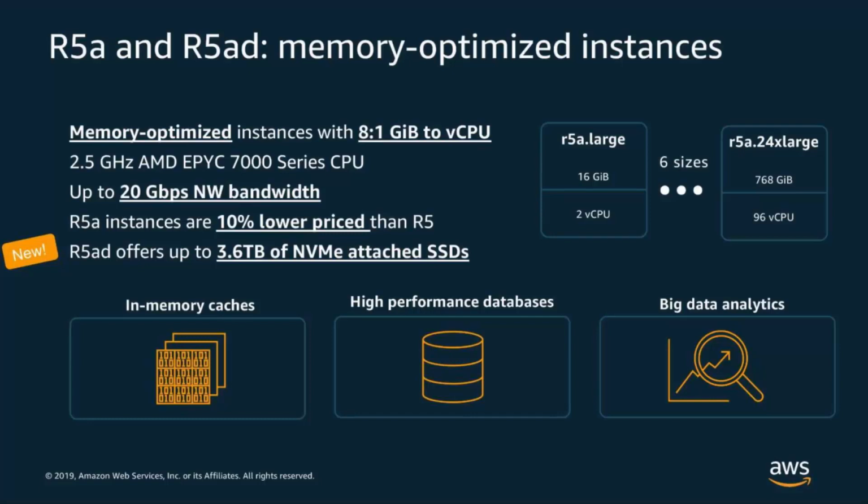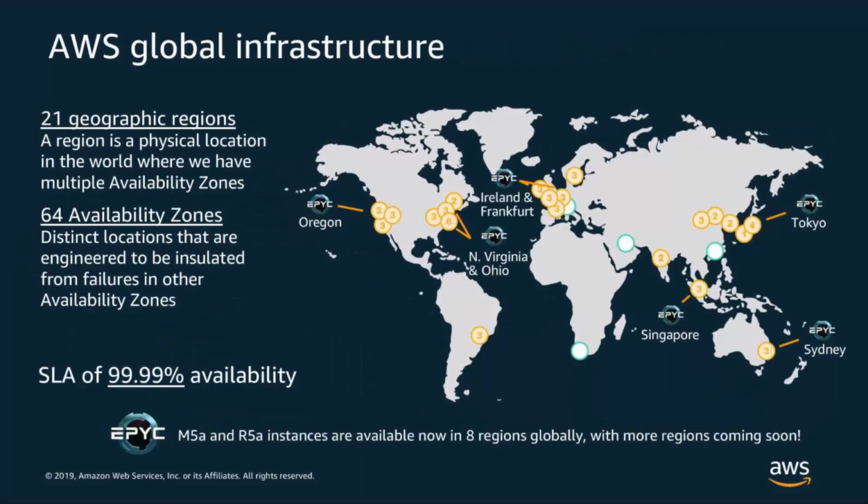And then our big data analytics with a similar benefit, leveraging the memory for very high-speed access to the data and high-speed operations on that data. So across our AWS global infrastructure, we have 21 geographic regions and 64 availability zones. Currently, we have AMD EPYC available in 8 regions globally, with a lot more regions coming soon.